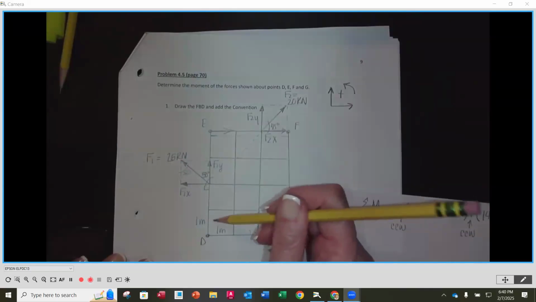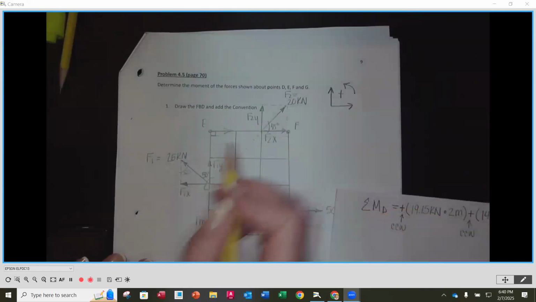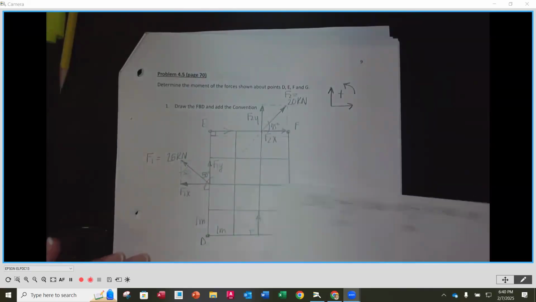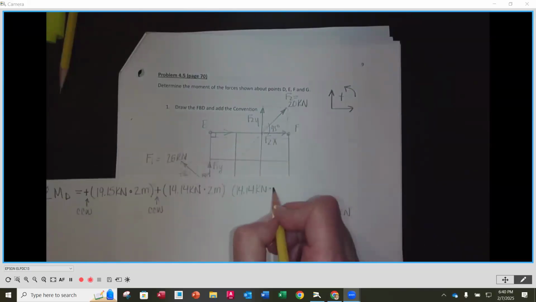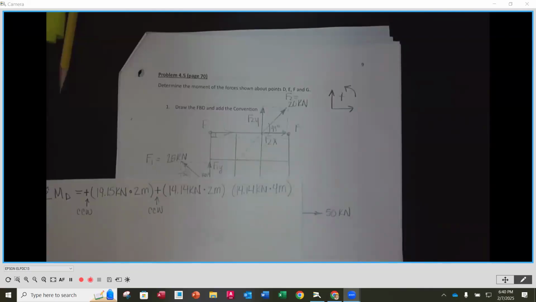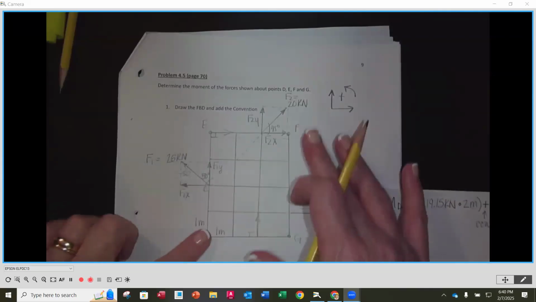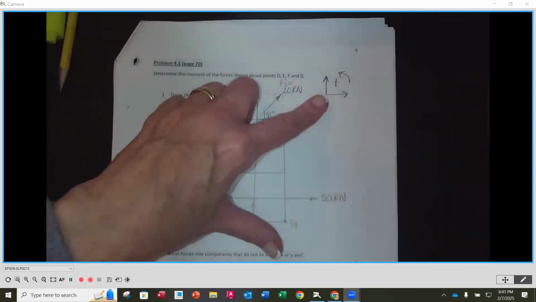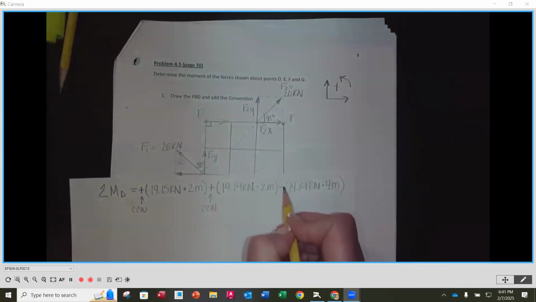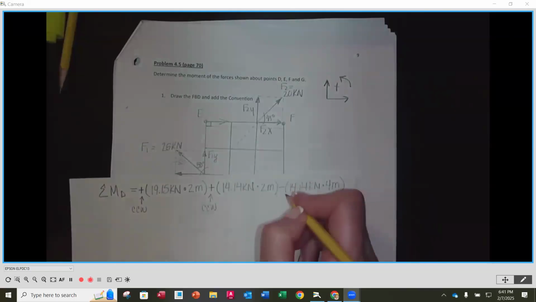Now if I look, that would cause the rotation. I'm 1, 2, 3, 4 meters away. So its distance is going to be 4 meters. Sign out front: if we put our finger on D and pull in the direction, it is going to cause a clockwise rotation. That is going to be a negative. So this is clockwise.